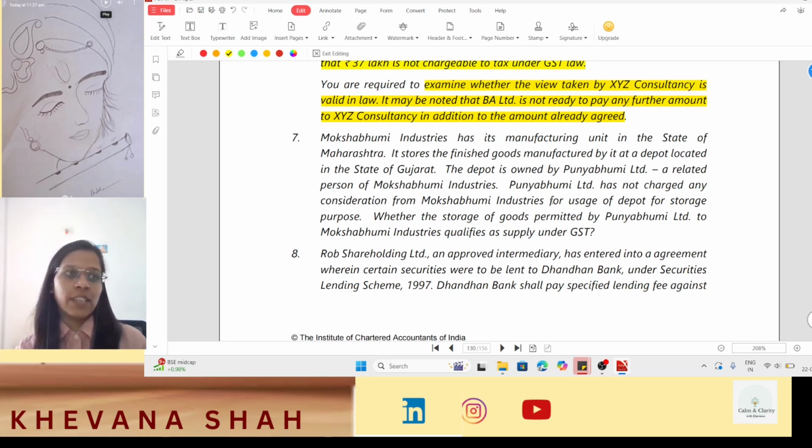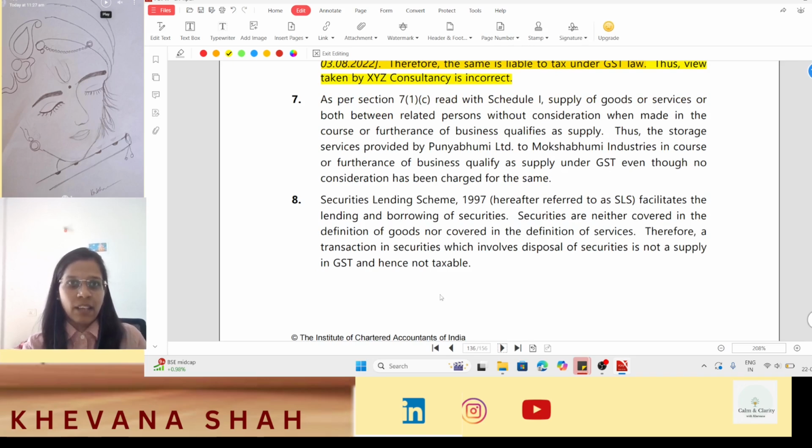So this is a case of related persons providing supply of goods or services without consideration. So it will be a case of deemed supply. As per section 7(1)(c), along with Schedule I, supply of goods or services or both between related persons without consideration, when made in the course or furtherance of business, qualifies as supply.